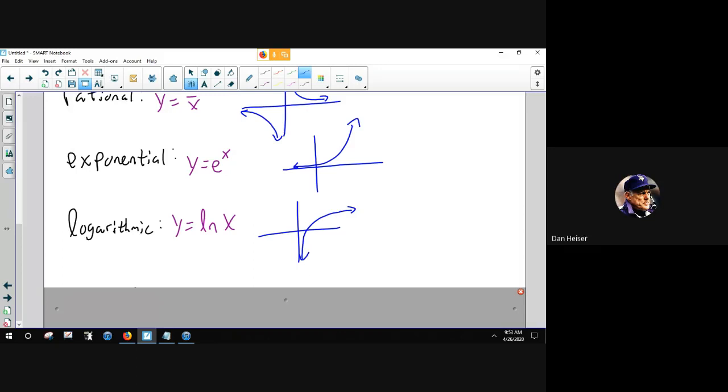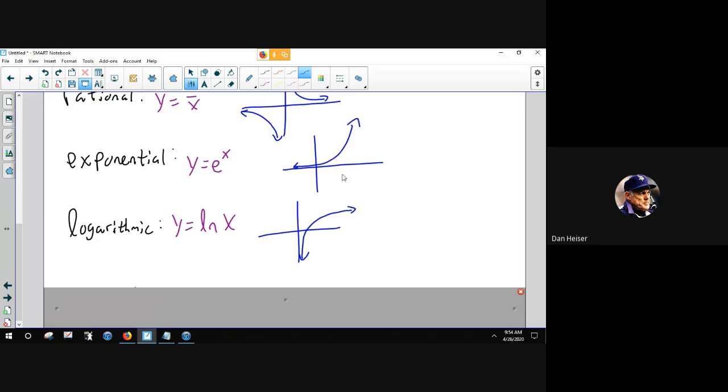Natural log and e to the x are inverses of each other. And because we're going to see a lot of e to the x in calculus, you will also see a lot of natural log in calculus. Where you see one, you see the other. Can't wait.